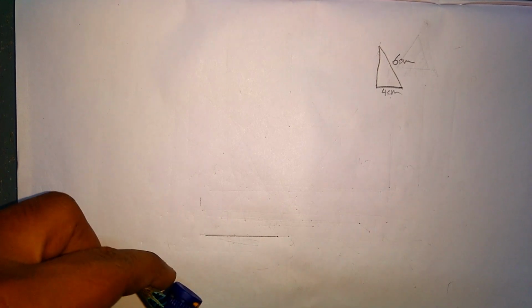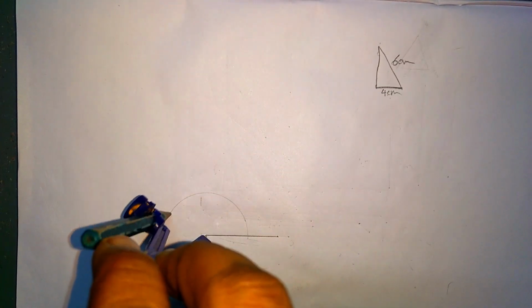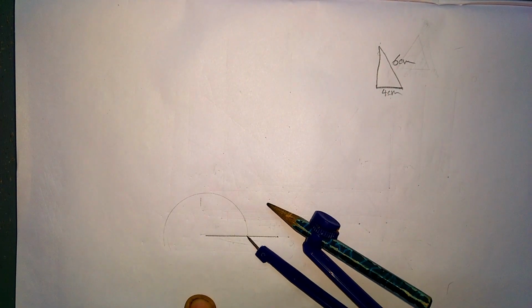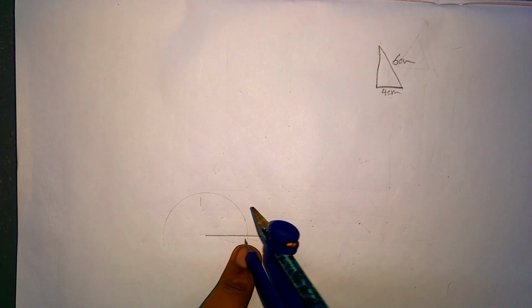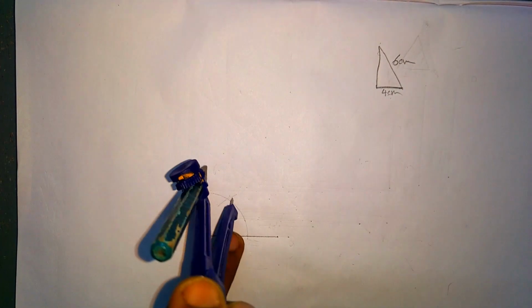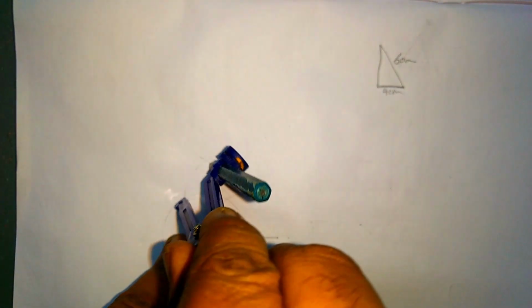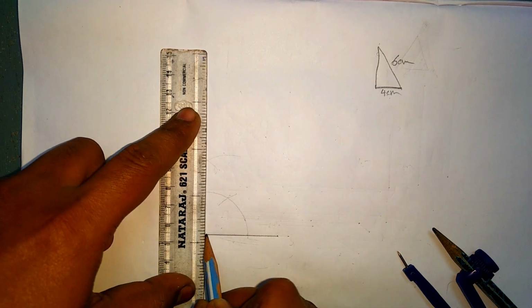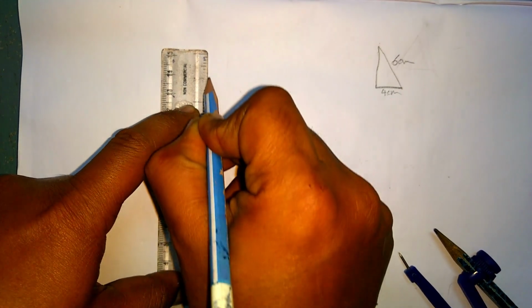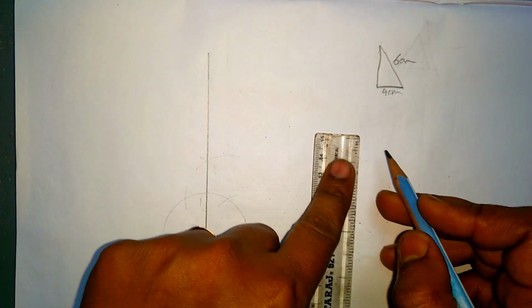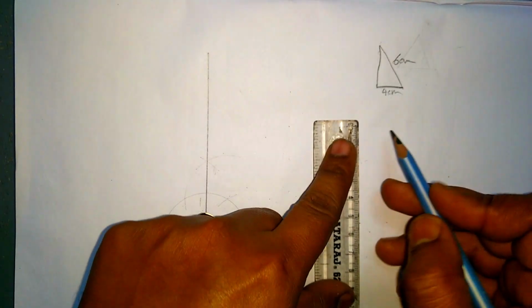Now from this point we have to draw an angle of 90 degree. 60, 120, this is 90 degree. Hypotenuse is given 6 cm.